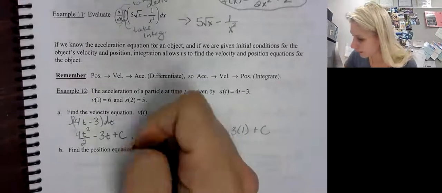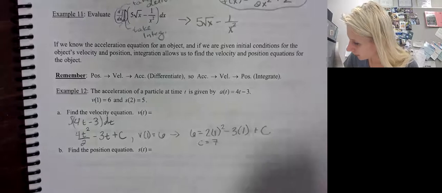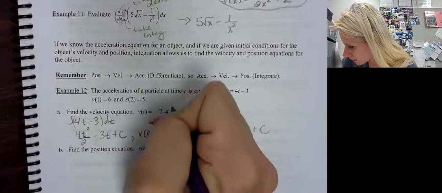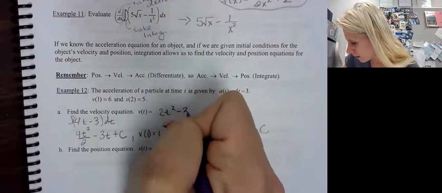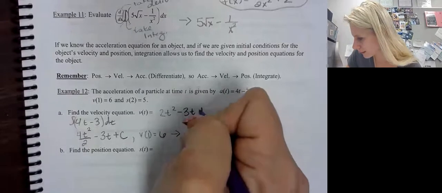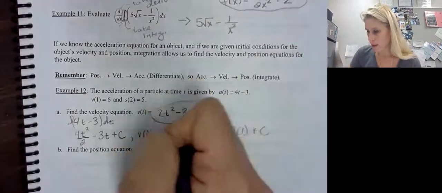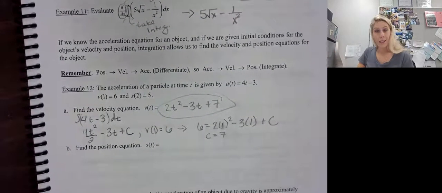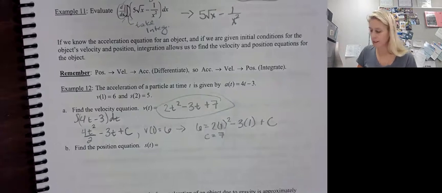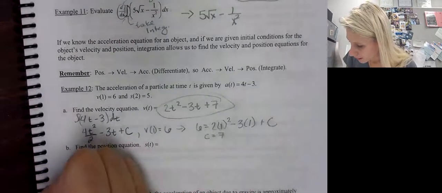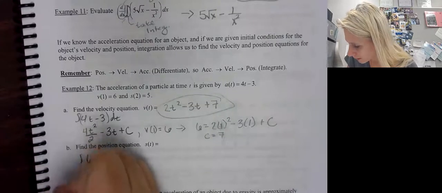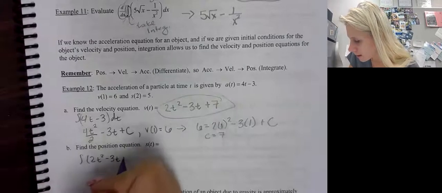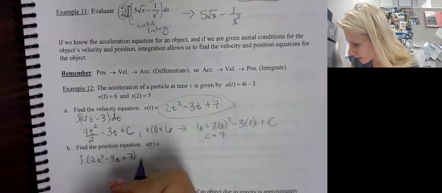This means that our v of t equals 2t squared minus 3t plus 7. It's plus because it's positive. So there is our answer for velocity. We needed the velocity to find our position, because now we're going to take the integral of this 2t squared minus 3t plus 7 dt.